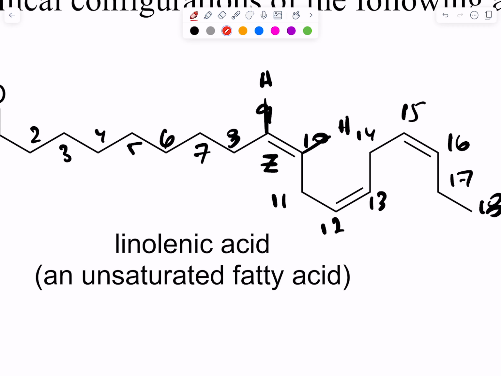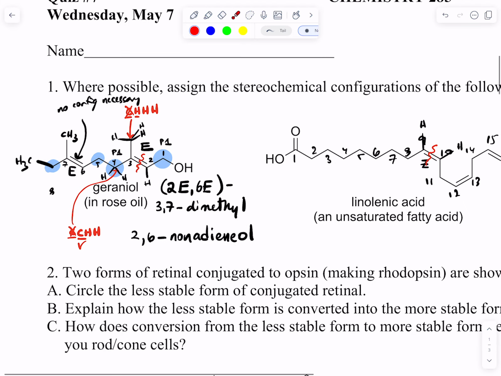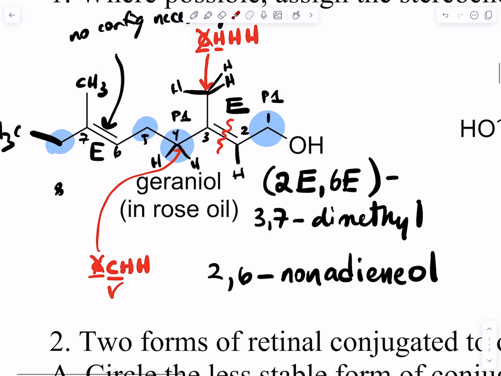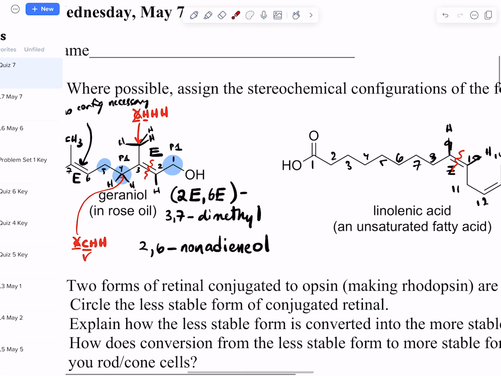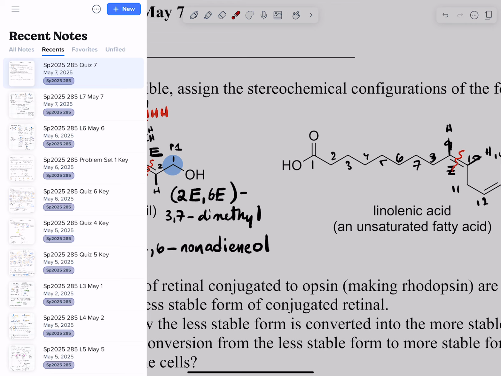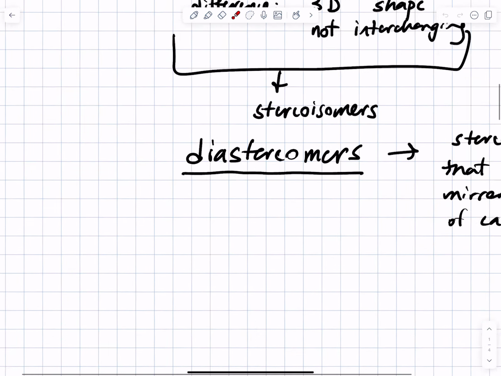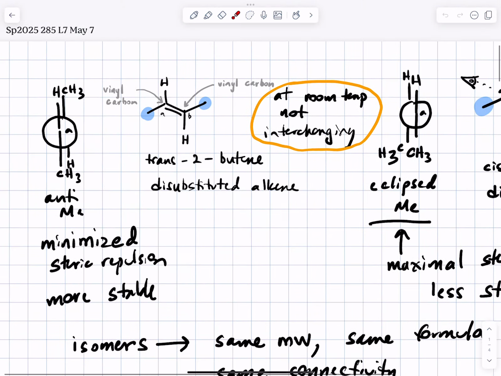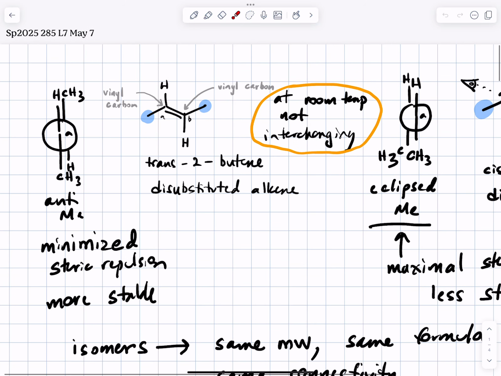You're worried that, backing up, the time you don't need to worry about E and Z is where the two things attached to the individual vinyl carbon are the same. You can assign E or Z when the two things attached to either of the two are different. For example, with trans-butene, it didn't matter that the two blue things were both methyl groups. The only thing that would matter is if this one and this one were both methyl groups.